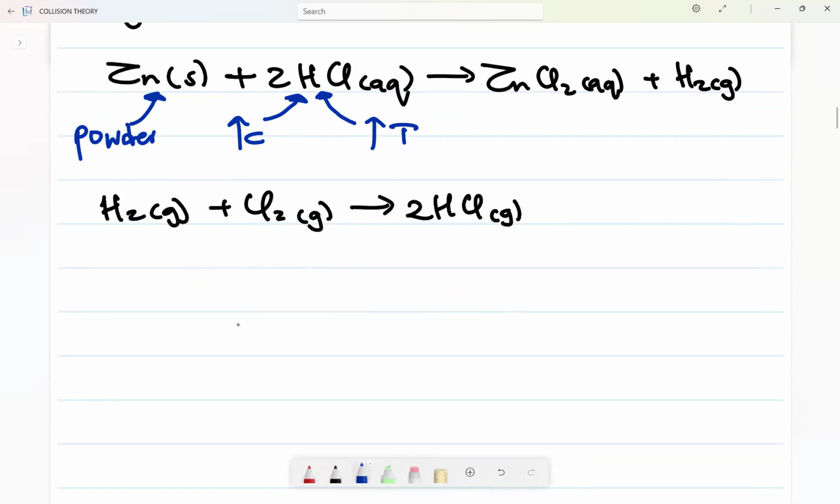Remember, I will affect the reactants, rather. Can you see here? This is gas. Okay, in gas, you can increase the concentration, or what else can you also do?